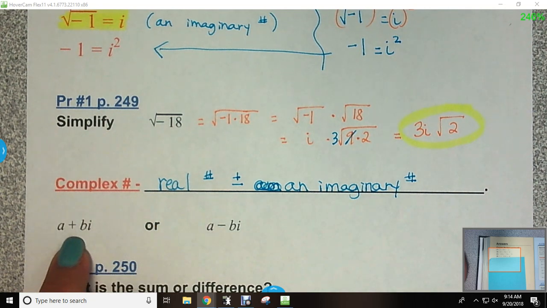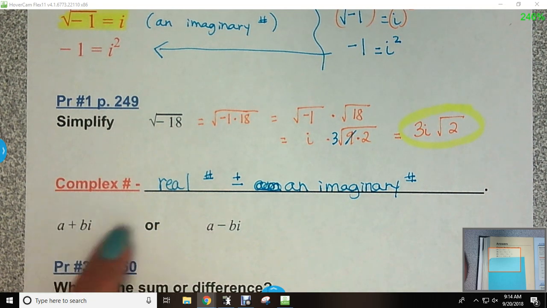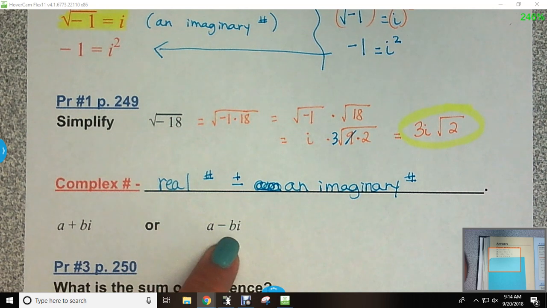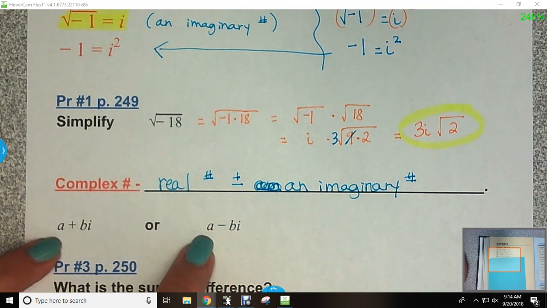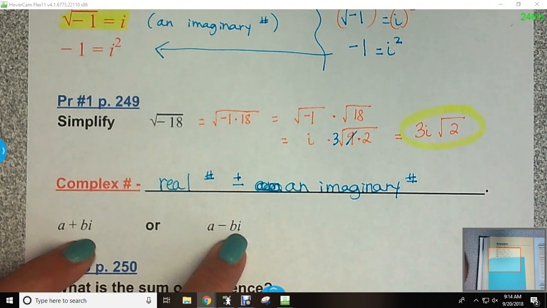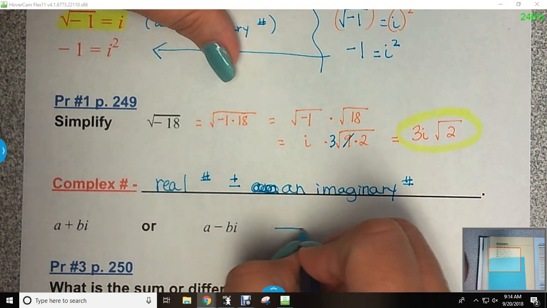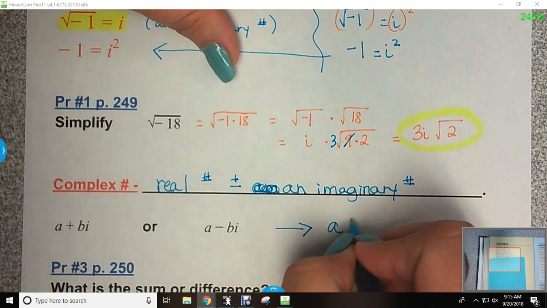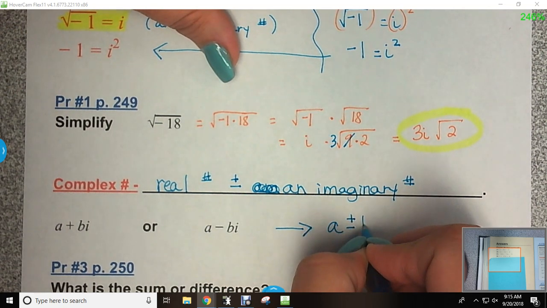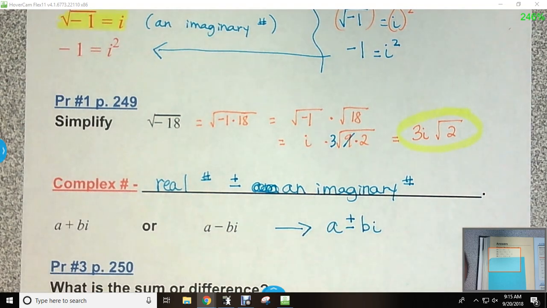It says a plus bi or a minus bi, with a being the real part, the bi being the imaginary part. So sometimes it is written like this, and it's the exact same thing. It's just another format for writing those.